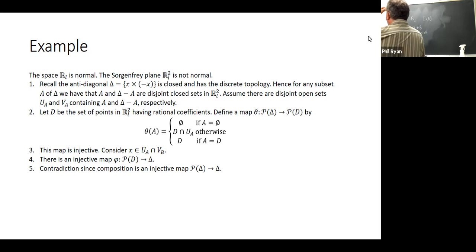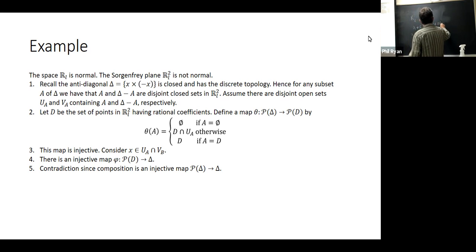So what does this mean? Why does that imply injective? What I'm trying to show is that theta of A doesn't equal theta of B. Okay, so what's going to happen now? So X is in UA intersected VB.